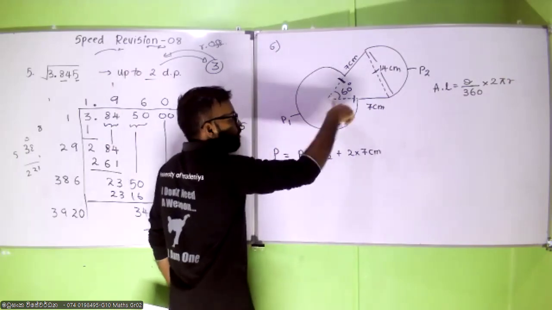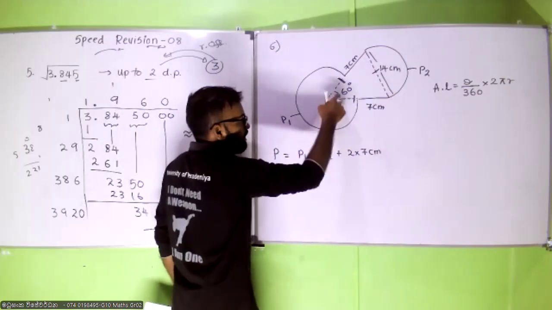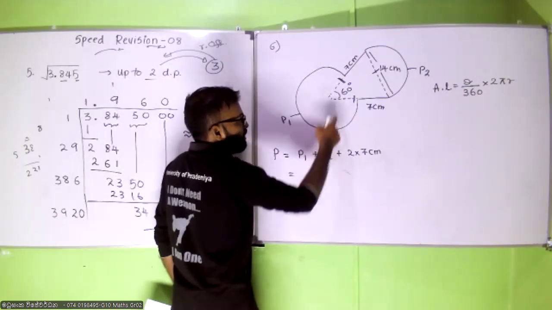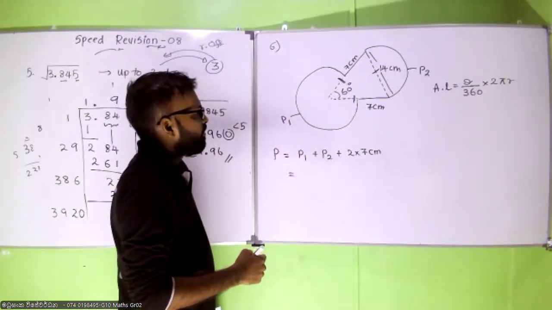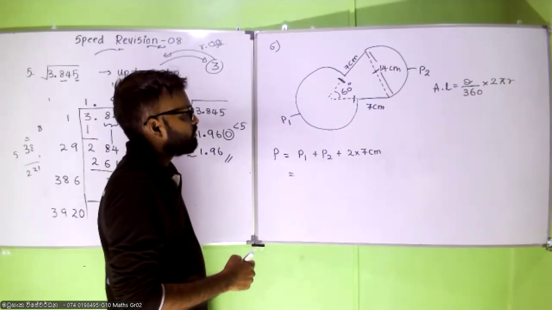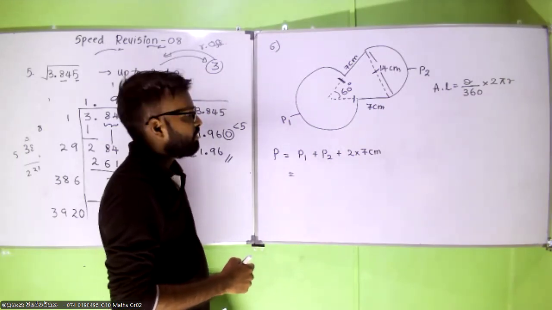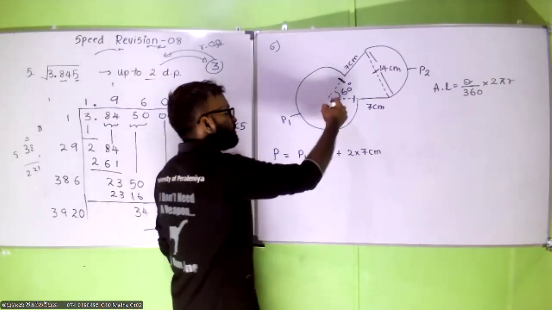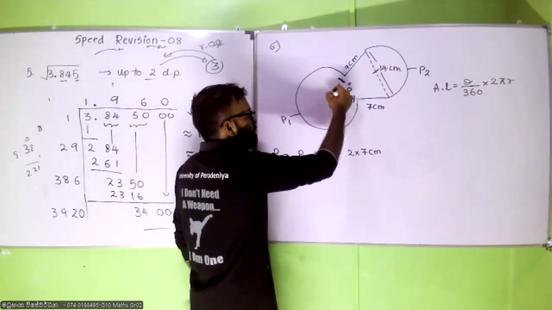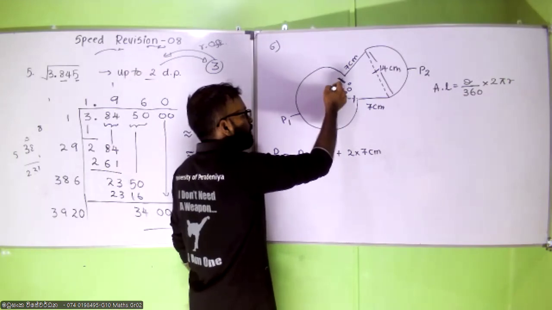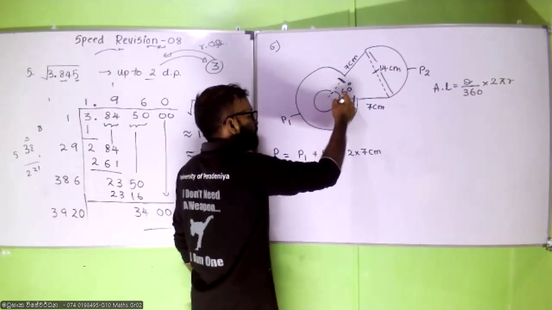P1, how am I going to apply it? By looking at that theta, the angle at the center. What is theta? It's not 60. This is not the angle at the center. The angle at the center is this one.